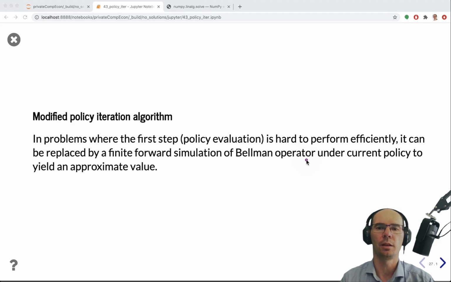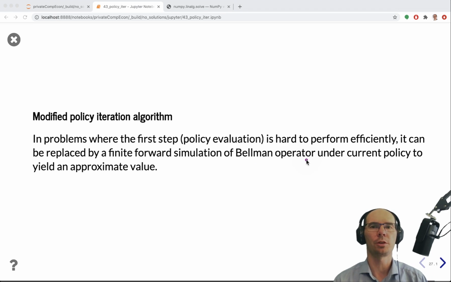But then the convergence speed is not optimal, right? Because now you're not updating in the best possible way. So it is possible as an approach to take a finite number of Bellman operator evaluations, but the efficiency is not going to be as good as policy iteration.